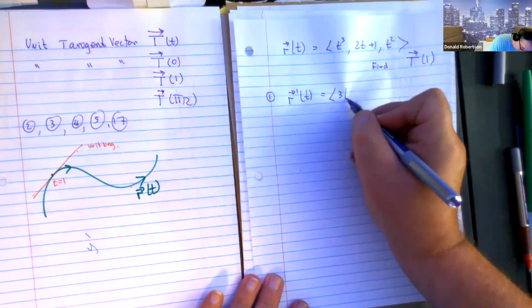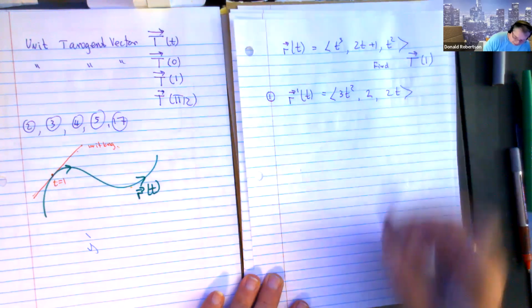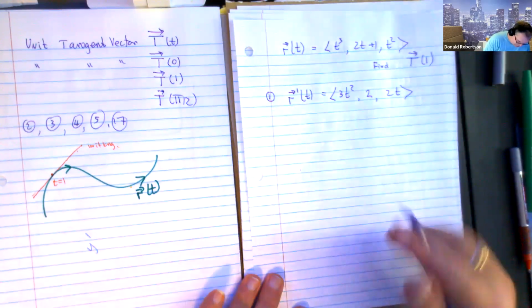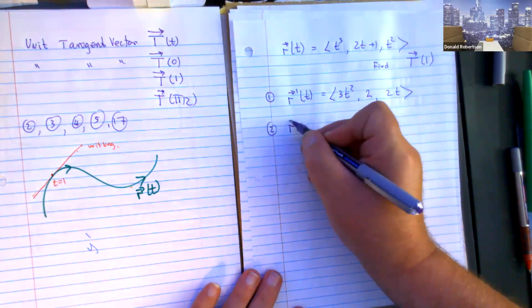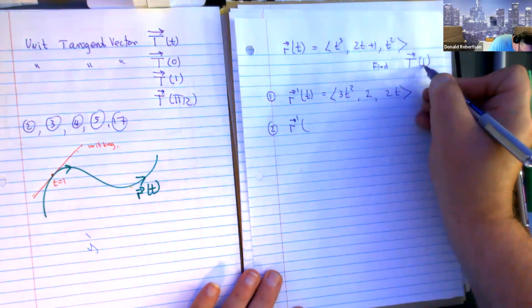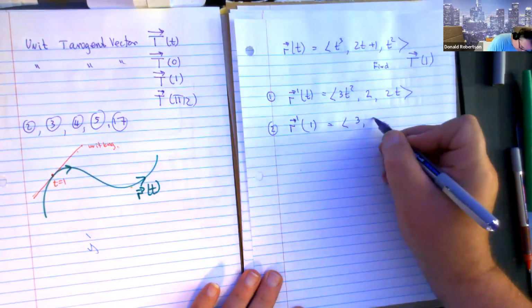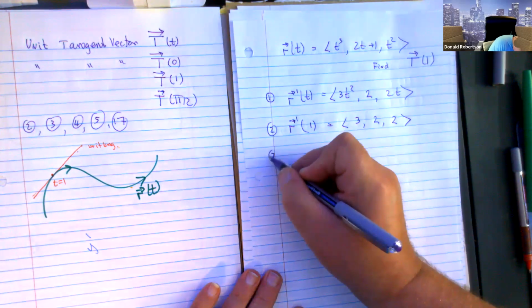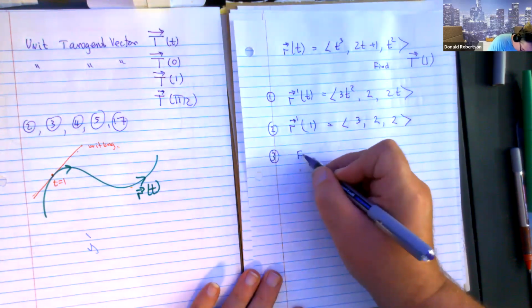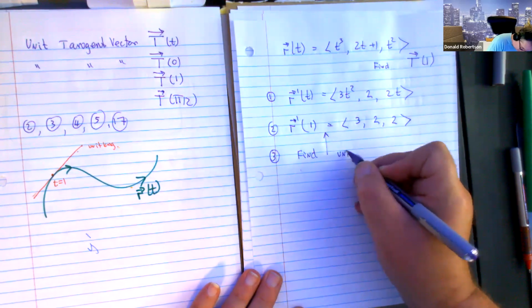So 3t squared, 2t. Just find the derivative. Step 2, find the derivative at 1 in this case. So that's going to be 3, 2, 2. Step 3, find this guy's unit vector.